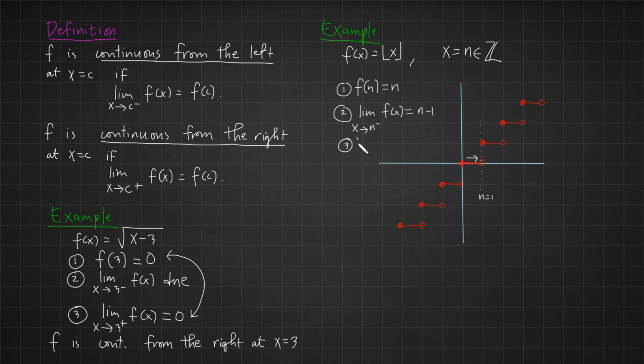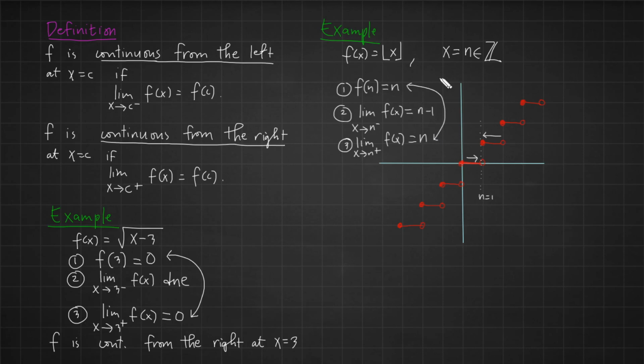On the other hand, if we go from the right of n, so dito, okay, then yung value ng function will be equal to the value of the limit, which is equal to n. Okay?